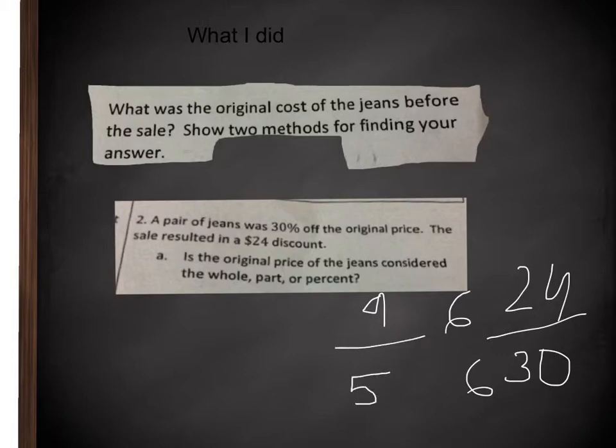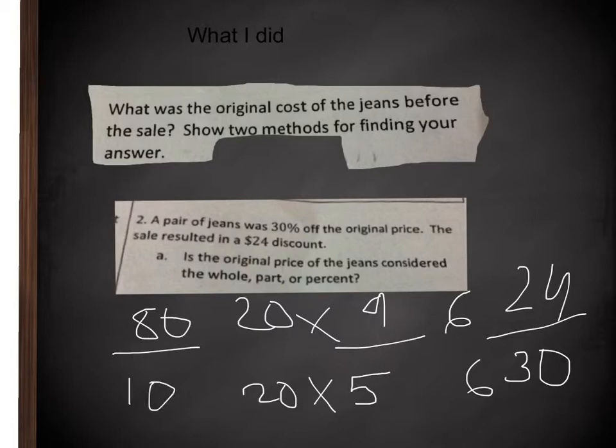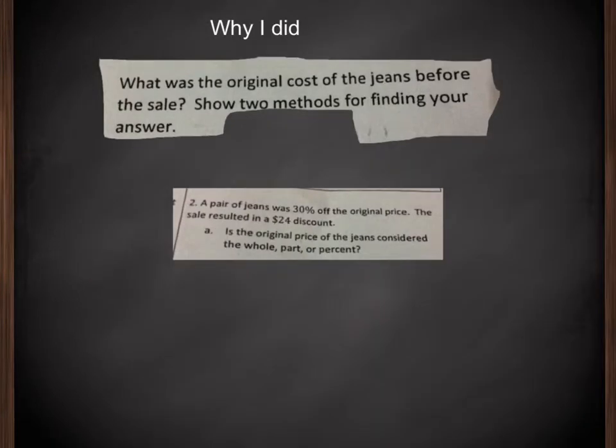Then I knew that percent was something out of 100, so I multiplied this by 20, I multiplied this by 20, and I got 80 over 100, because $80 out of 100%, and I used 24 because, well, you'll find out in my next slide.